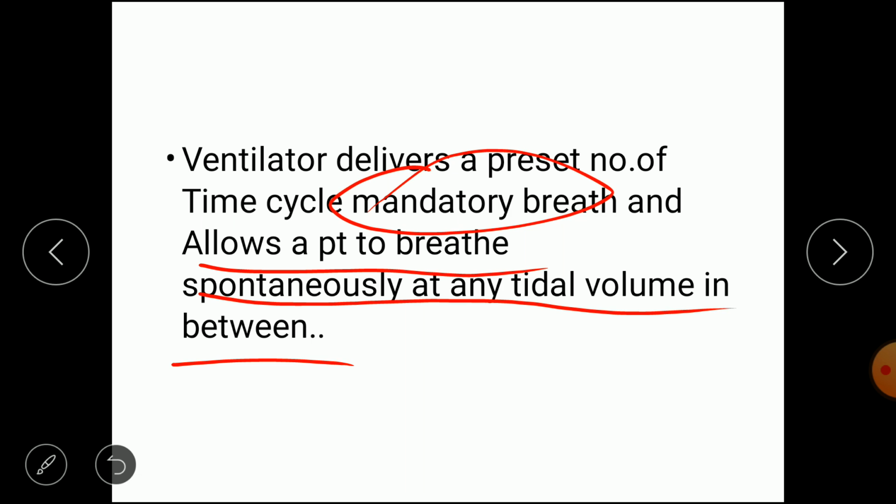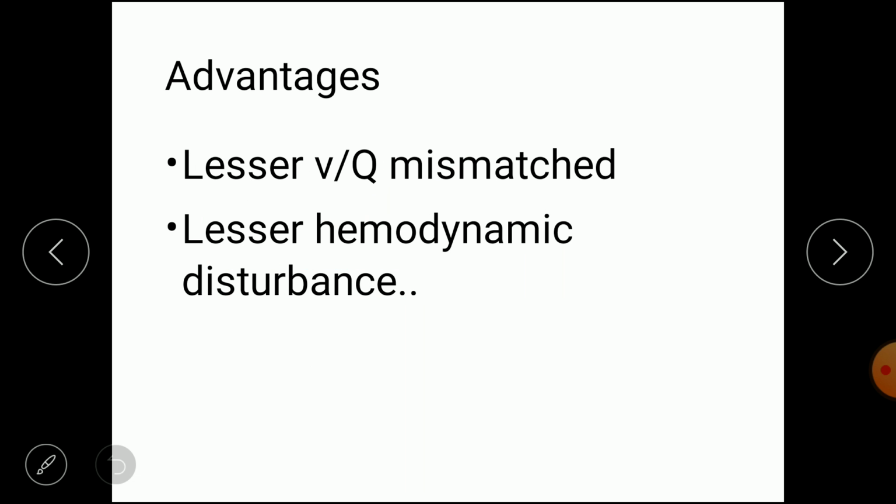So the machine itself synchronizes the patient's tidal volume and the ventilated tidal volume, and then a specific amount of breath can be delivered to the patient. That's why it is known as mandatory ventilation, that means intermittent mandatory ventilation.